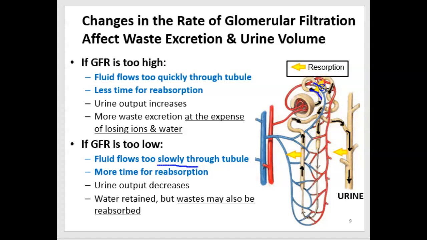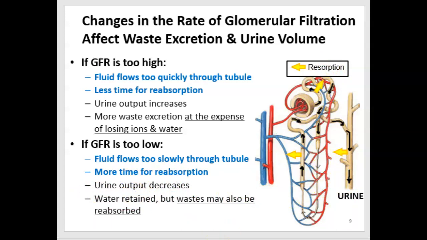And so whatever transport mechanisms there are to reabsorb things back into the interstitial fluid, even things you don't want, like urea, for example, a nitrogenous compound, then you might actually reabsorb some wastes. And of course, the more you do reabsorption, the less urine you're going to make.